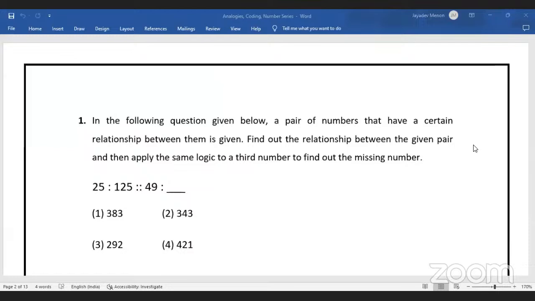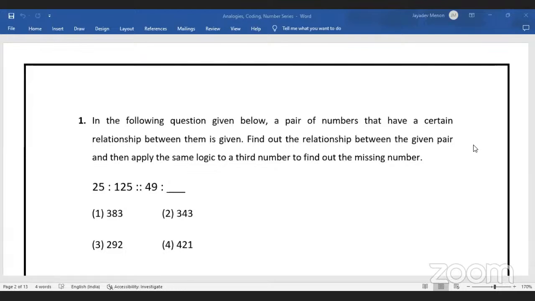Find out the relationship between the given pair and then apply the same logic to a third number to find out the missing number. Please go through the question. Then try on your own. Once you get the answer, please comment in the chat box. After that, we will discuss.